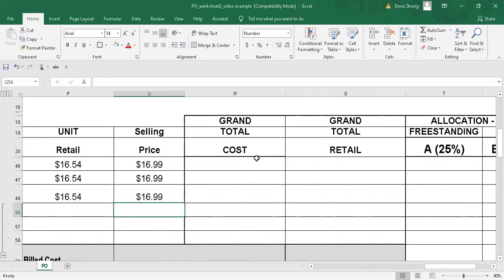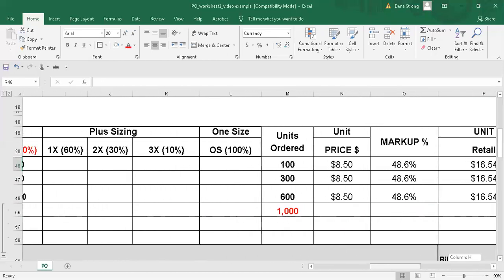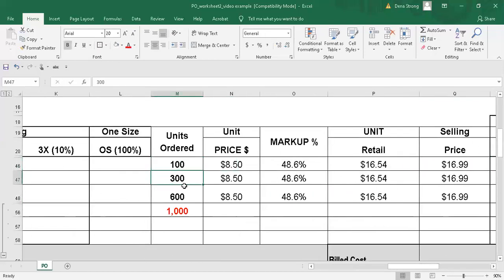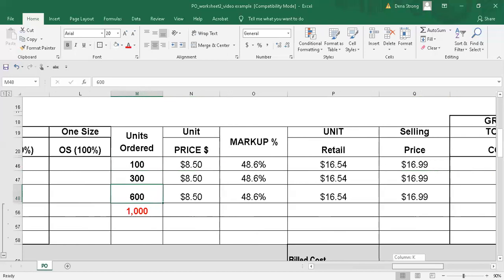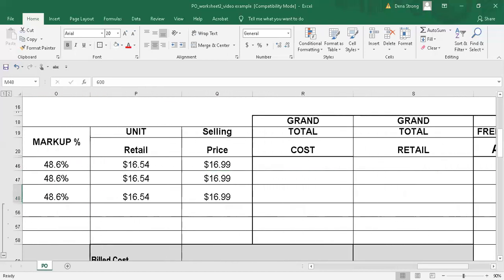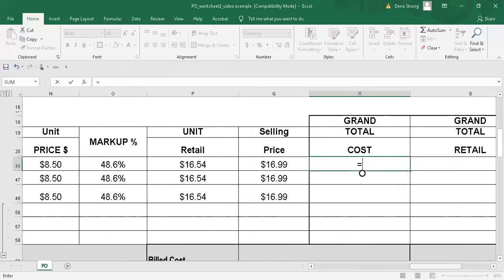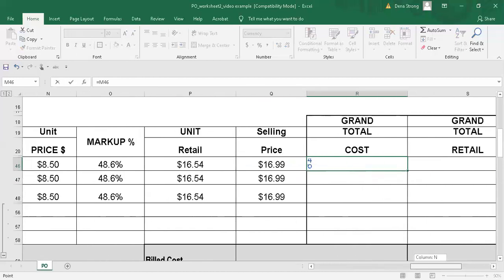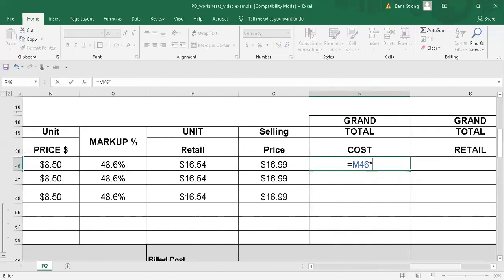Okay, so now we can create some totals. So once again, that is the per unit quantity, sorry. The units ordered, 100, 300, and 600 times the unit price, which is the wholesale cost. So let's calculate our grand total wholesale cost, which here, the first one is 100 of the graphic check times $8.50 unit price.